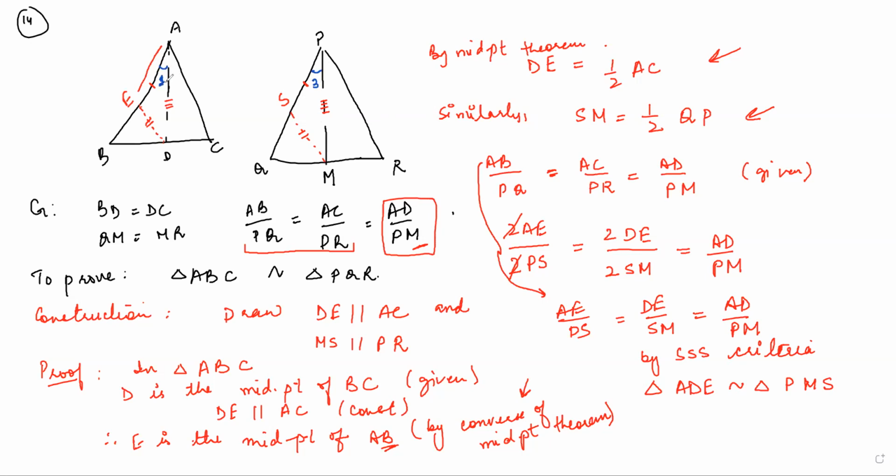So angle 1 will be equal to angle 3. And also this angle, if I call it 2, it will be equal to this one, 4. So angle 2 is equal to angle 4. You can write corresponding parts of similar triangles.